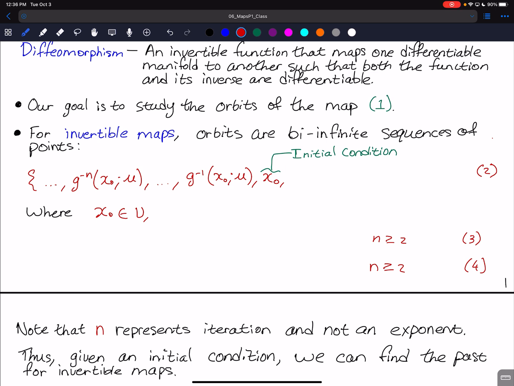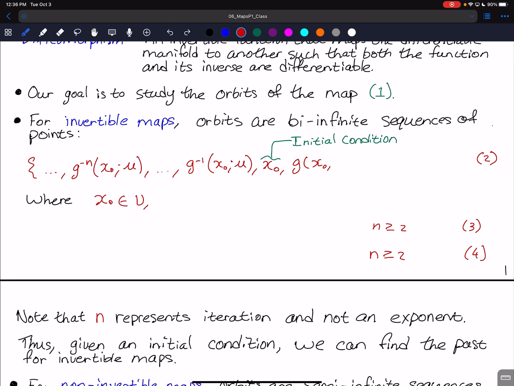So x0 is our initial condition. Then moving forward, we'll have g of x0 with the parameters mu, dot, dot, dot, here, then g n x0 mu, so on. So it's a sequence of points at discrete times, which you could decide to give those times specific labels, or you can just use the counting numbers, natural numbers.